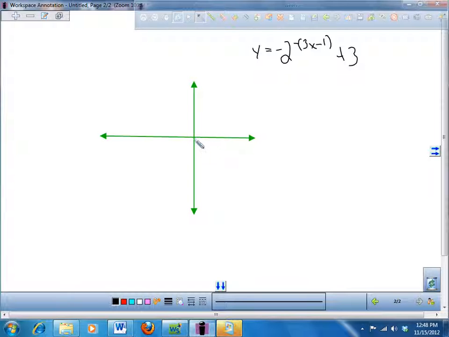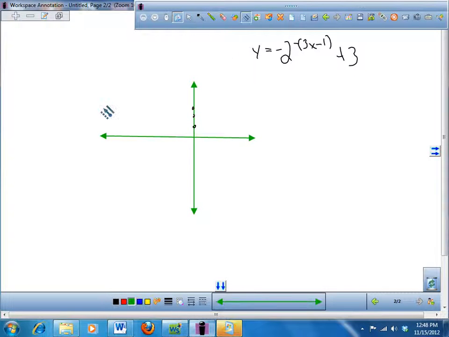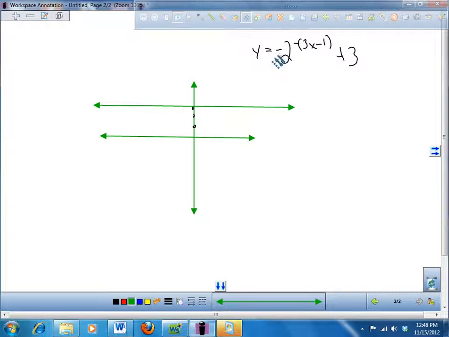Shift it up 3. So I would go up 1, 2, 3, and make an asymptote there. And then what's a negative going to do to it? It's going to flip it over the x-axis, so instead of going up this way, it's going to be going down this way.